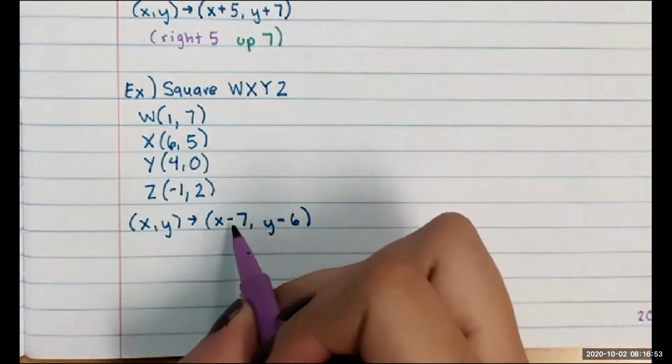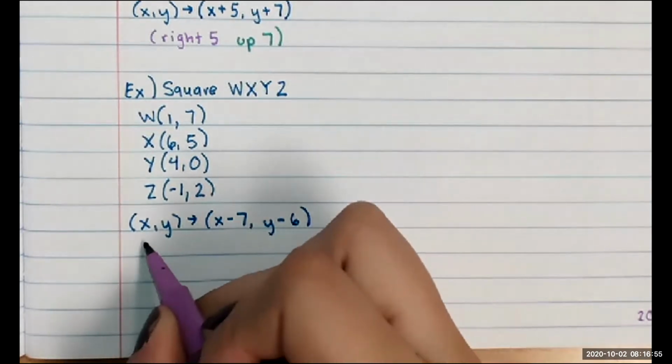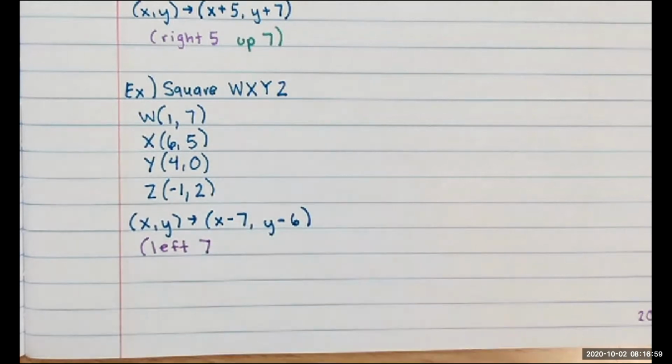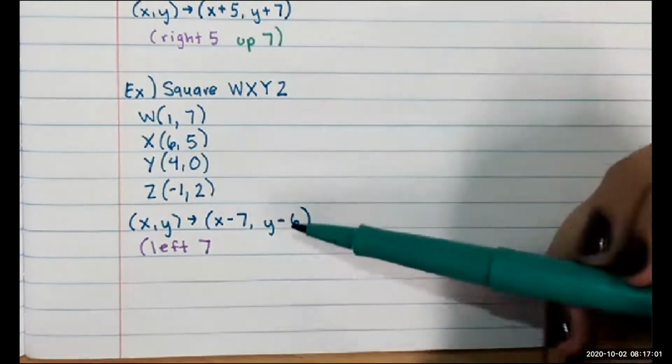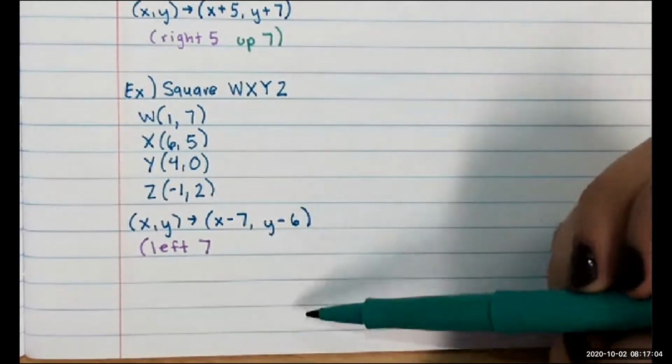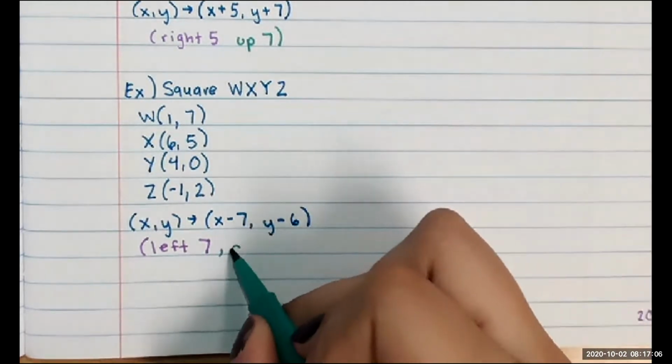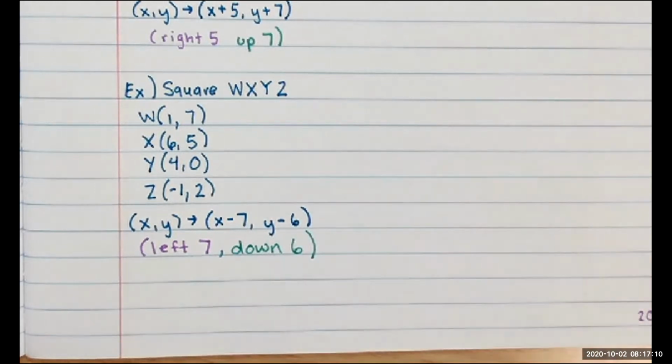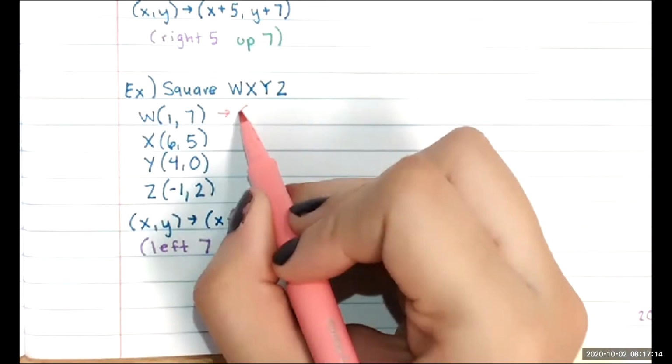So if positive was to the right, negative is to the left. So we're going to the left 7. And again, if positive is going up, negative is going down. So down 6. I'm going to do the same thing.